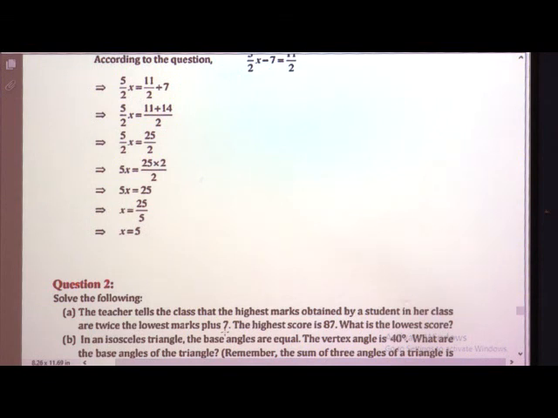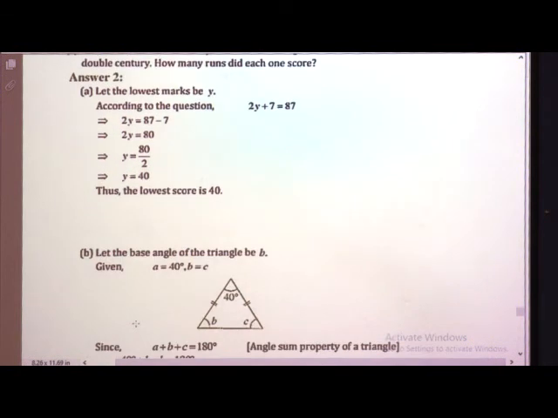Already we had seen some examples when I was explaining the introduction part. The highest score is 87. What is the lowest score? The statement is given to us, which is an applicable problem. We have to find out what is the highest and what is the lowest. The highest score is given, we have to find the lowest.